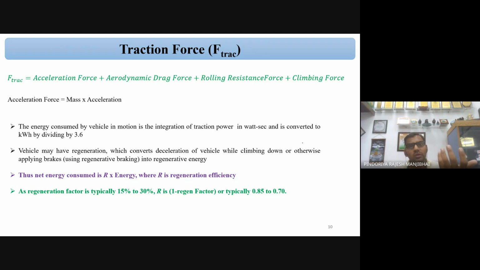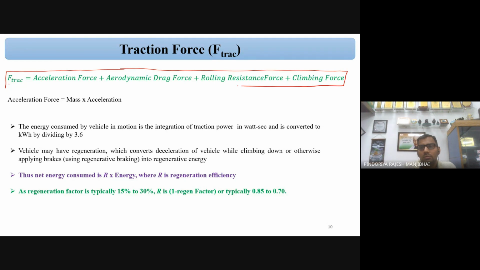So how much force? That is the traction force. So this is the main formula. Traction force is nothing but, first component, the acceleration force, because we have to accelerate.